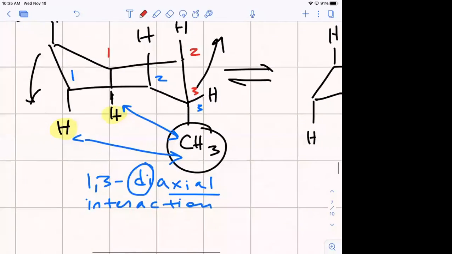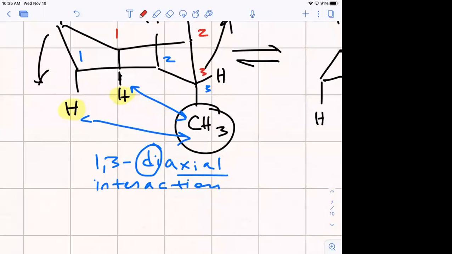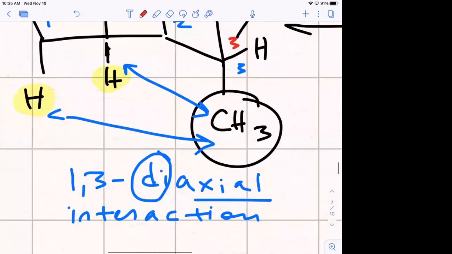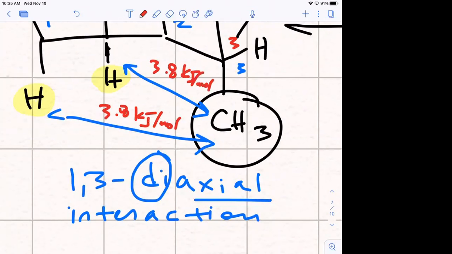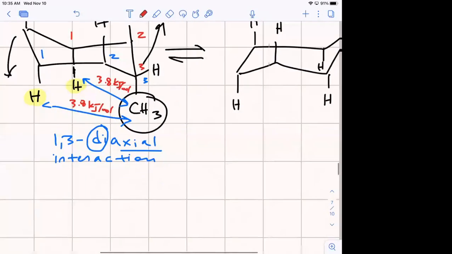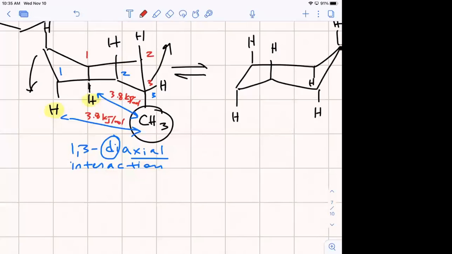And each one of them costs energy, right? For this methyl to be axial, this is 3.8 kilojoules per mole, and so is this one. So the total energy for this conformation is 7.6 kilojoules per mole. It's a lot.